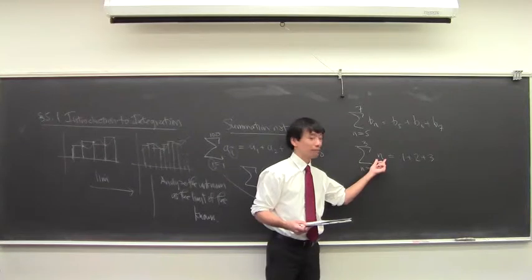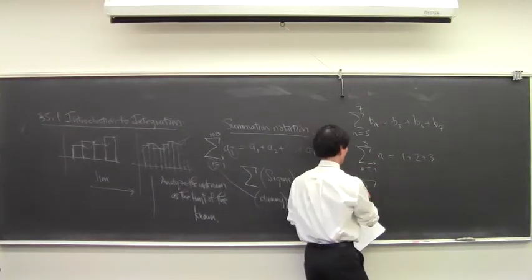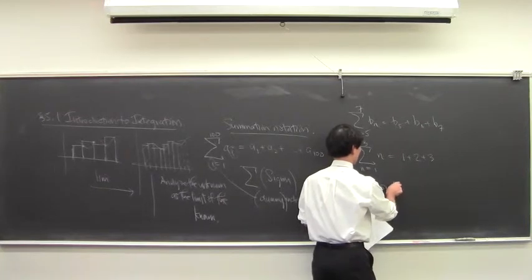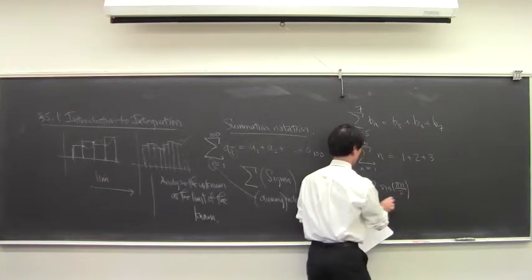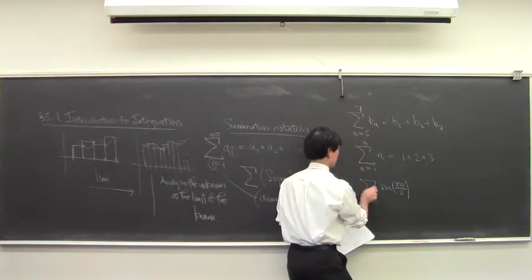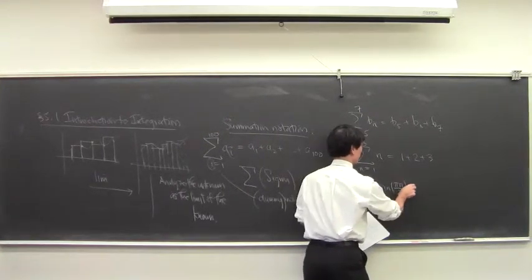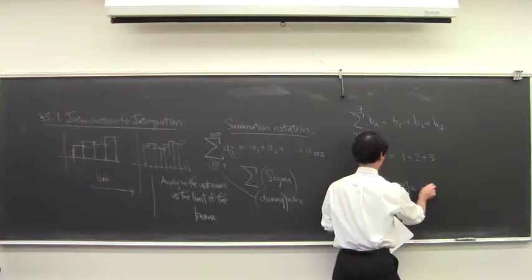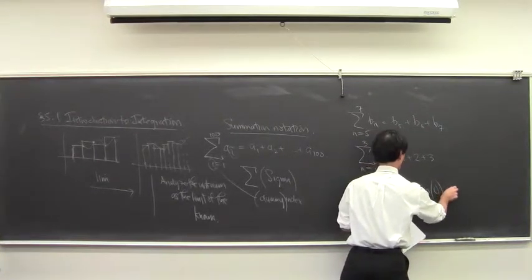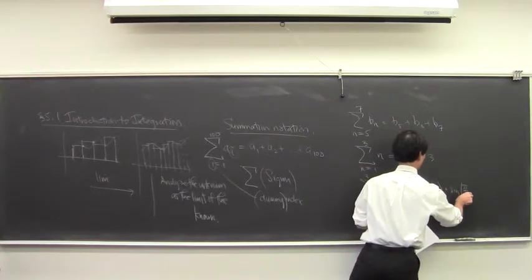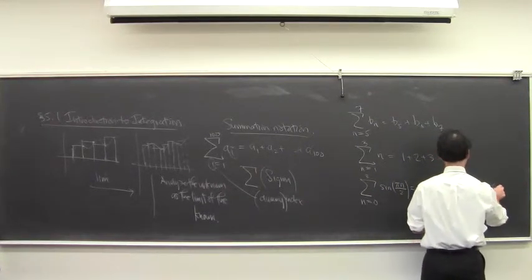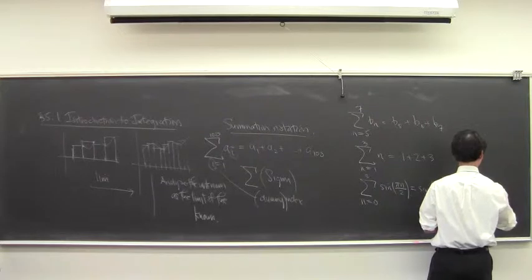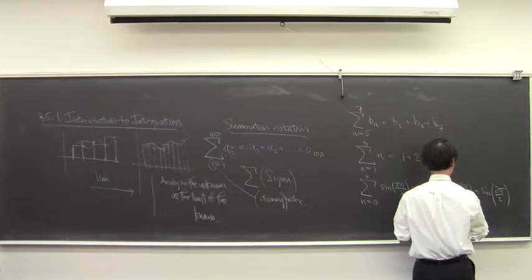Instead of putting a sequence in here, you can also use some function of n. If I say the sum of sine of pi n over 2 from n equals 0 to 3, that would be sine of 0 plus sine of pi over 2 plus sine of 2 pi over 2 plus sine of 3 pi over 2.